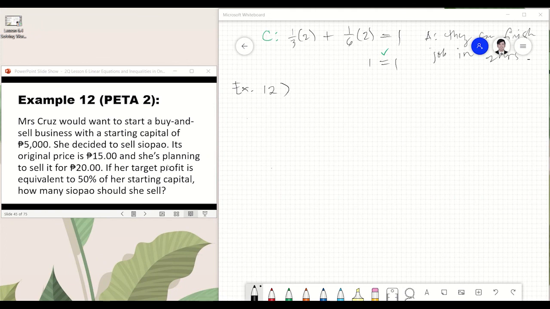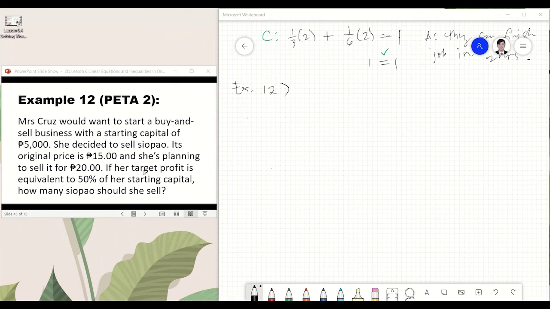So yung profit, ito yung parang nakukuha mong dagdag from the original price. So yung 15 pesos, if she sells it at 20 pesos, so meron siyang profit na 5 pesos. So mababalik sa kanya yung 15 pesos with an additional of 5 pesos. So, yun ang profit, yung 5 pesos. Yung dagdag from the original 15.